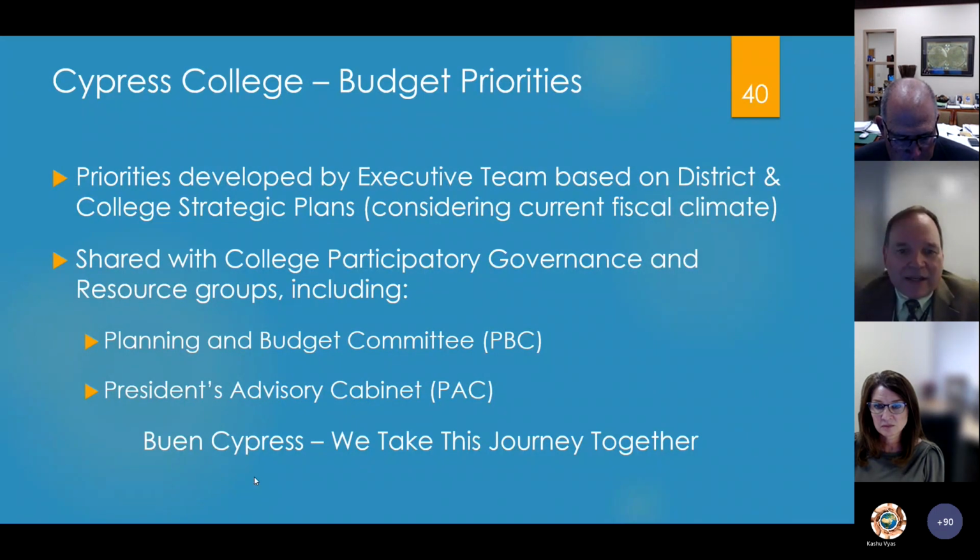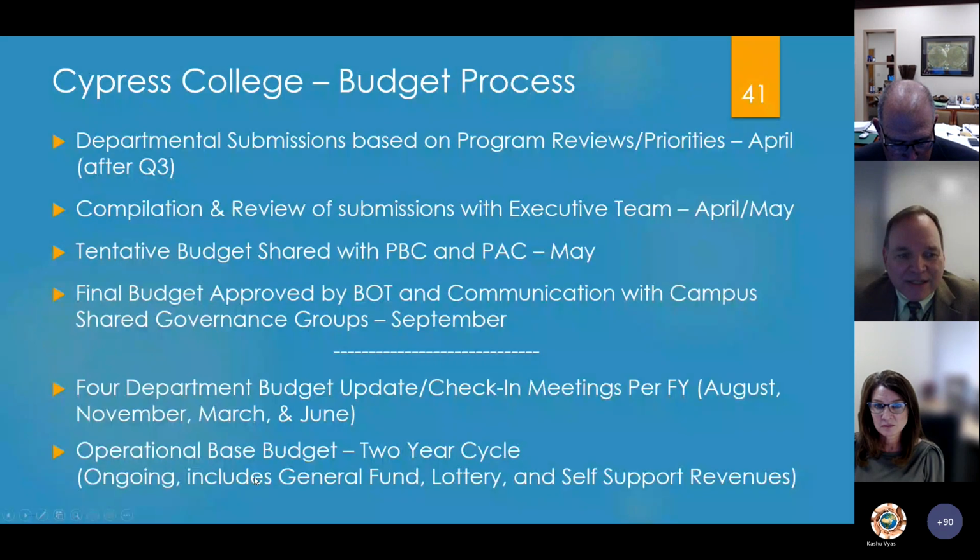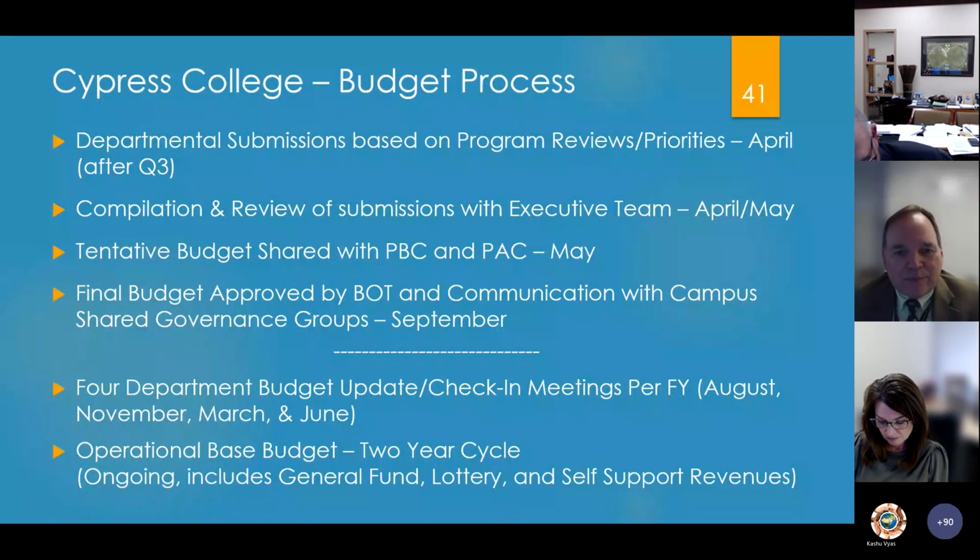The next slide is our budget process. Departmental submissions are based on program reviews and priorities. Those start in April after we have third quarter budget information, and we share that with the budget managers so that they can be looking at building their fiscal year 24 budgets.